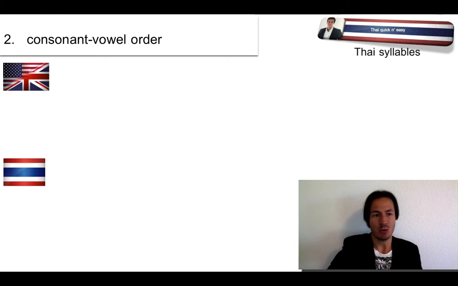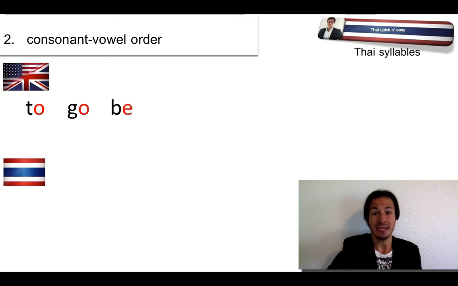Now in English, what we have is consonants in black and vowels in red. The consonant in black is to the left-hand side and the vowel in red is to the right-hand side. We take another syllable, go. Also here consonant on the left and vowel on the right.